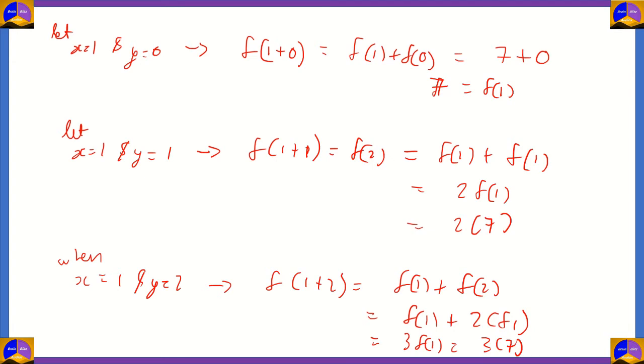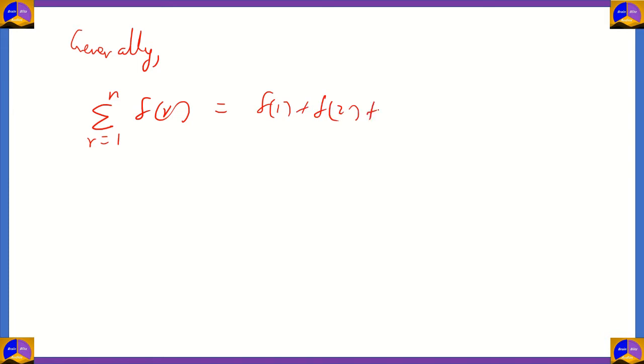So on putting values of x and y, you'll notice that all of these values are a multiple of 7, and that multiple increases in an arithmetic progression. So generally, the summation of r equals 1 to n of f of r can be written as f of 1 plus f of 2 plus f of 3 plus etcetera until f of n.